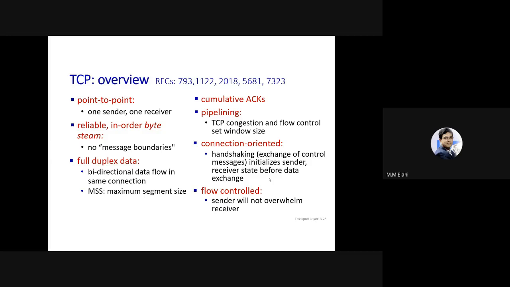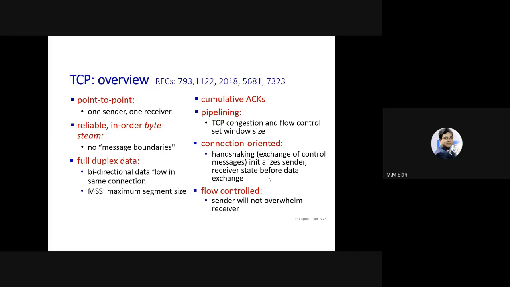Anyway, TCP is also a pipelined protocol like go back N and selective repeat. TCP is a connection oriented protocol. We will see how the initial connection must be established before the data is sent. And one more thing is TCP has flow control. Flow control, we have already discussed in the layering concept.